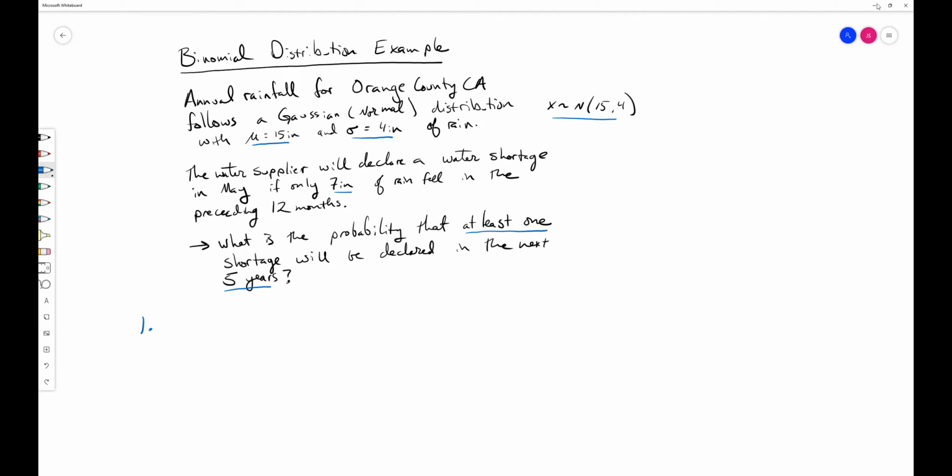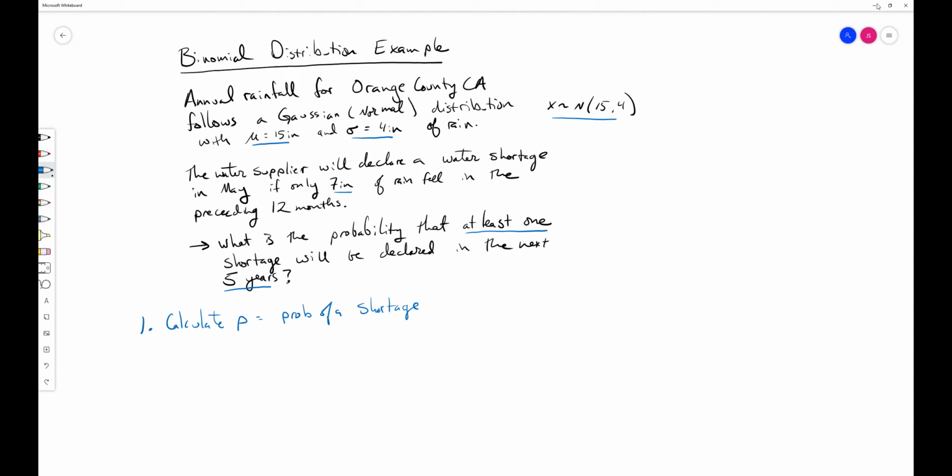First, we need to calculate p. p is our probability of success, in this case, the probability of a shortage in a given year. So that's how we're defining success.